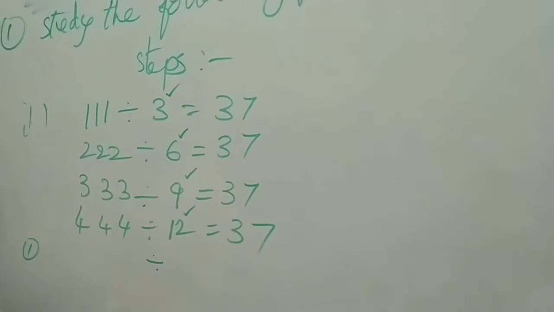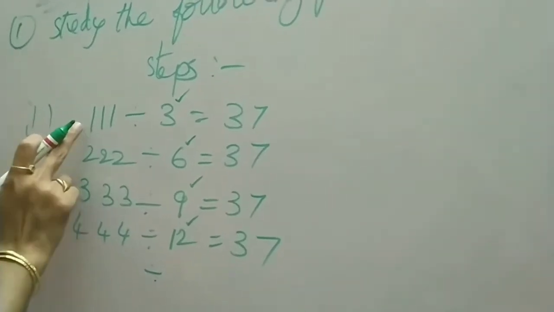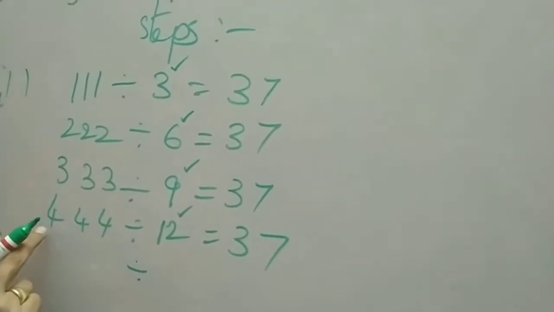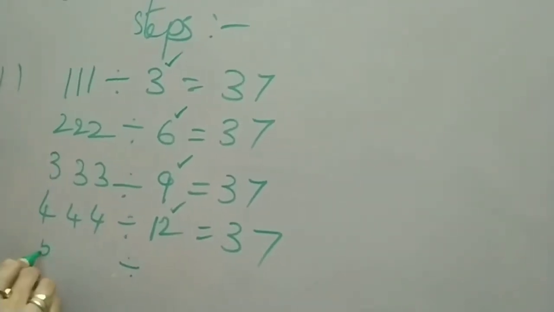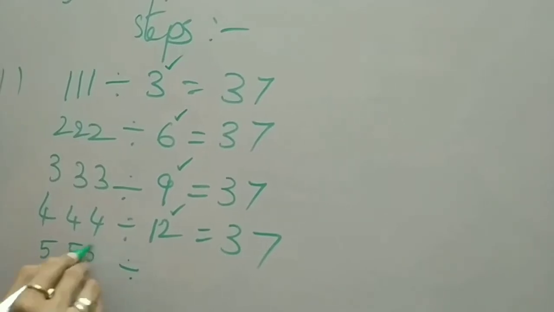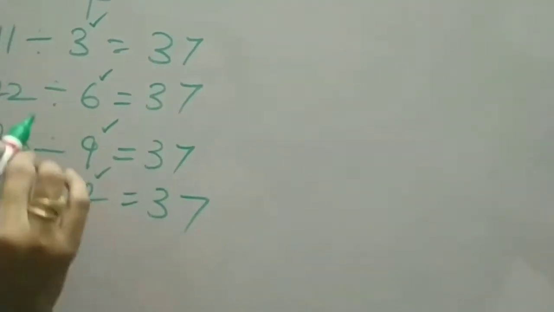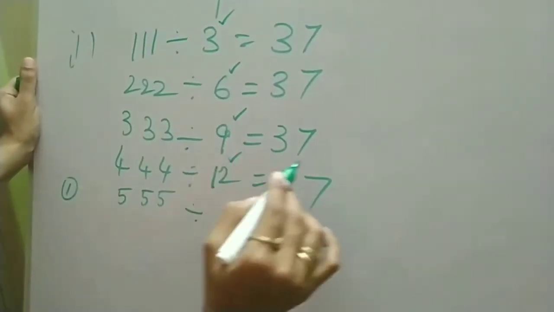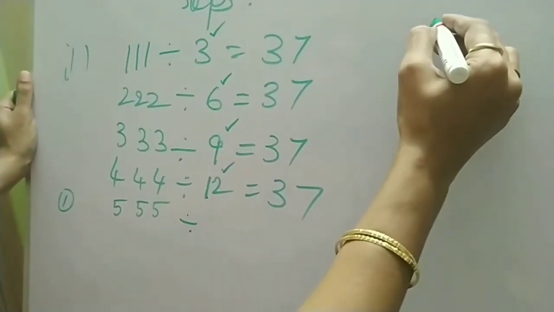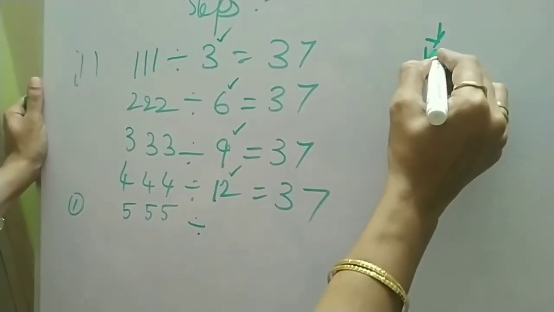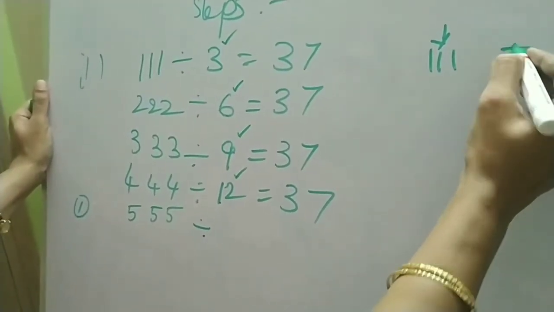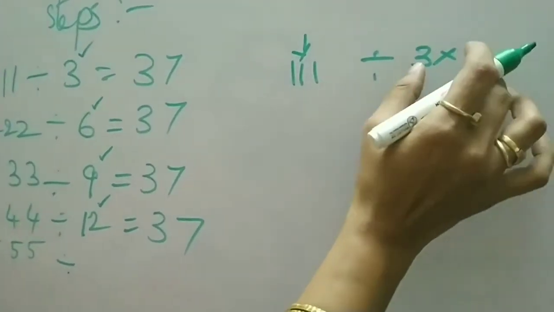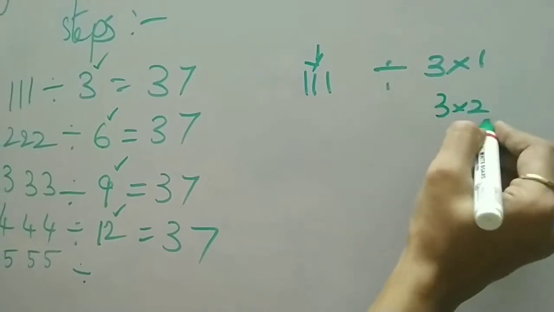See, first one, 111 is increasing here, right? So after adding 111 to 444, it will become 555. So next multiple: 3 ones are 3, 3 twos are 6, 3 threes are 9, 3 fours are 12. So the first number is increasing by 111, and it is divided by multiples of 3: first 3 into 1, after that 3 into 2, like that.